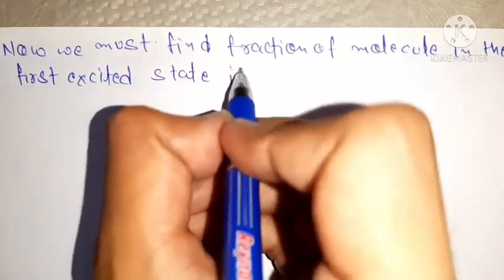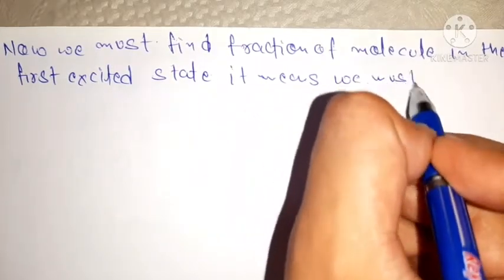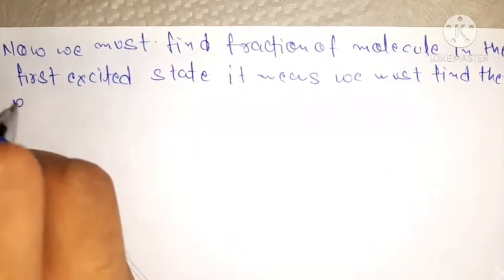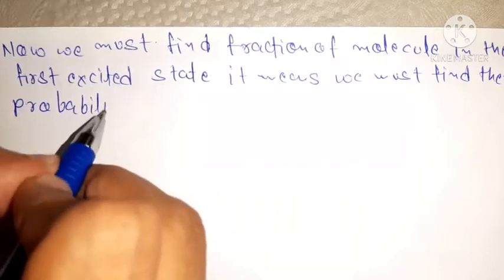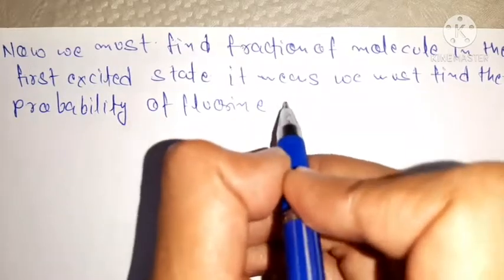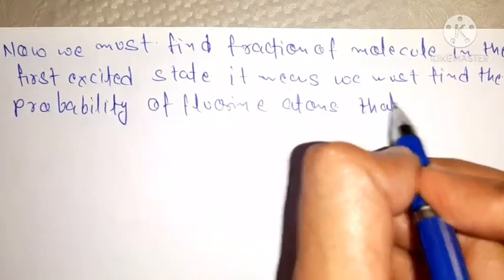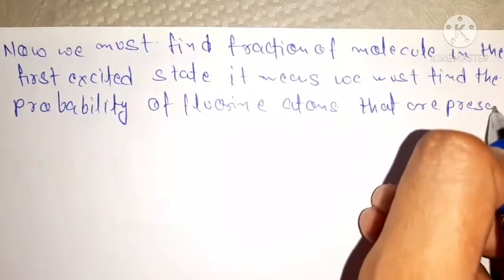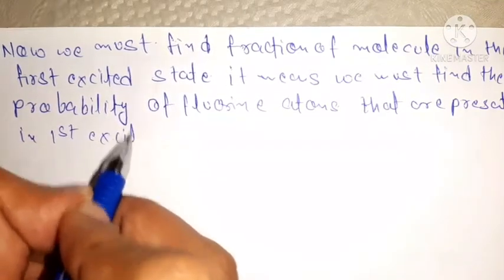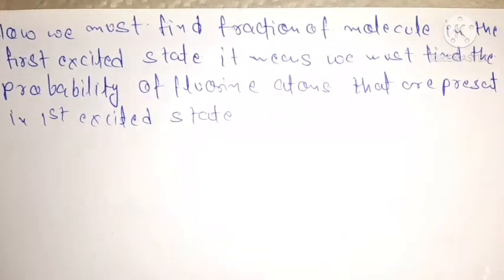So it means we must find the probability of fluorine atoms that are present in the first excited state. Understand, friends? We must find the probability of these fluorine atoms.